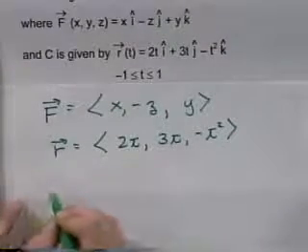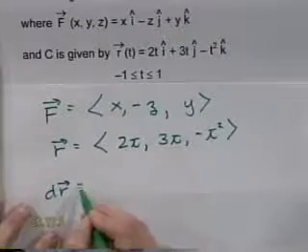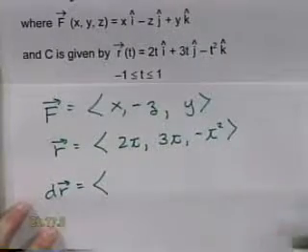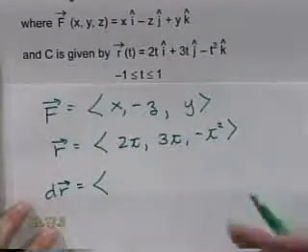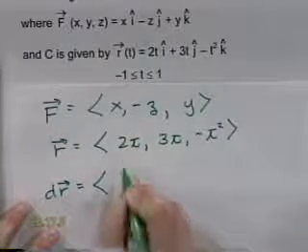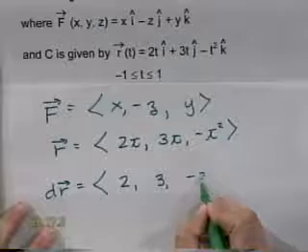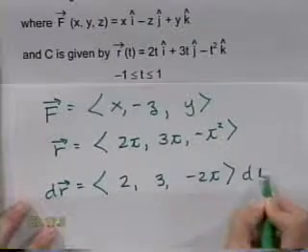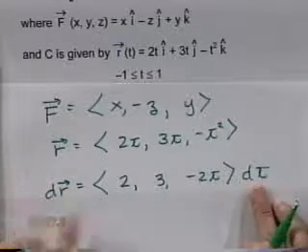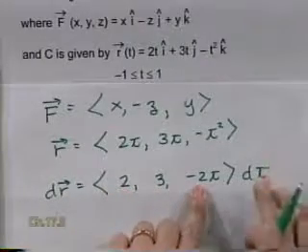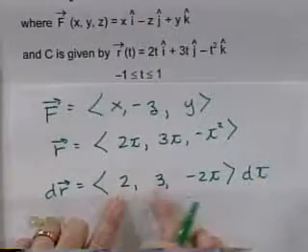Now if we want to get dr, we differentiate each of these with respect to t and then multiply by dt, just like dx was dx/dt times dt. So the derivative of this is 2, derivative of that is 3, minus 2t, and then we multiply by dt, because it's dx/dt times dt, dy/dt times dt, dz/dt times dt. So that we have dx, dy, dz.